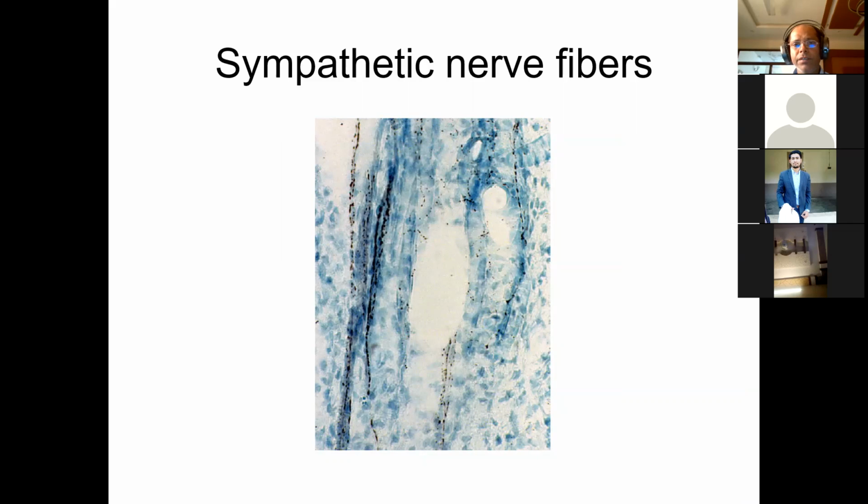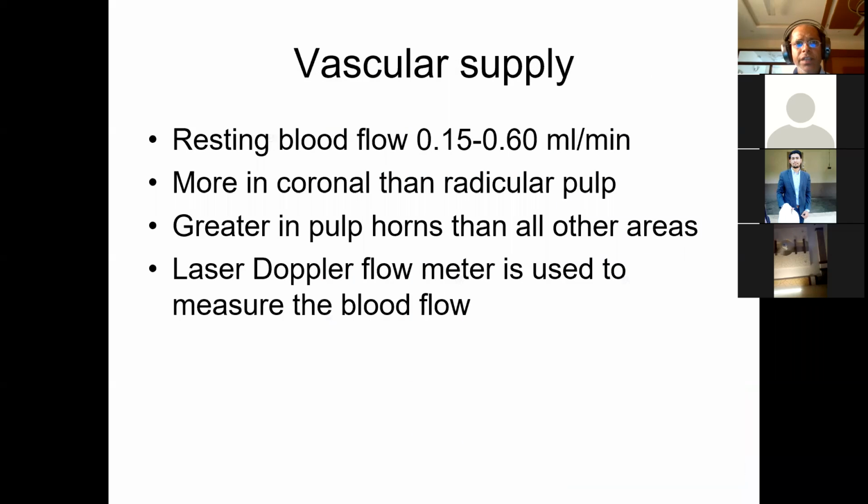There are also sympathetic nerve fibers and all these things. The resting blood flow to the pulp is 0.15 to 1.60 ml per minute. That can be reduced with time, with the pulp foramen and dentine formation, as pulp volume reduces. Coronal pulp has more blood than radicular pulp because of the pulp chamber; it is greater in the pulp horns.